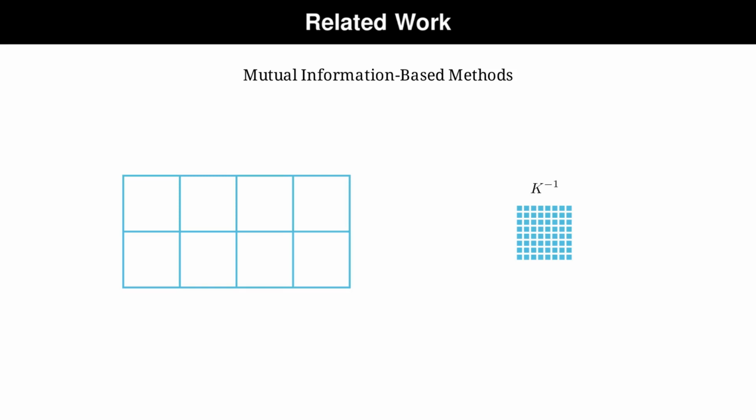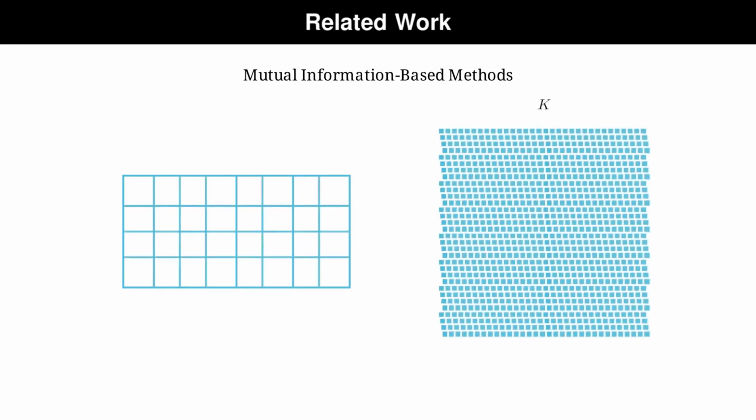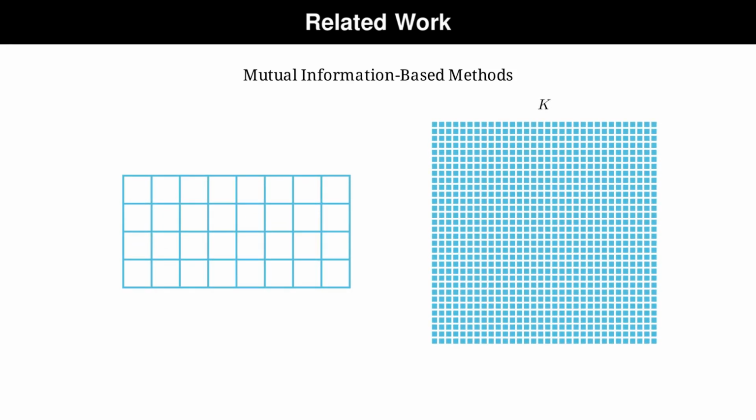Computing mutual information requires this costly operation to be performed from scratch for every given set of sensing locations. Additionally, for accurate mutual information estimation, a finer discretization is necessary, which can significantly increase the computational cost.